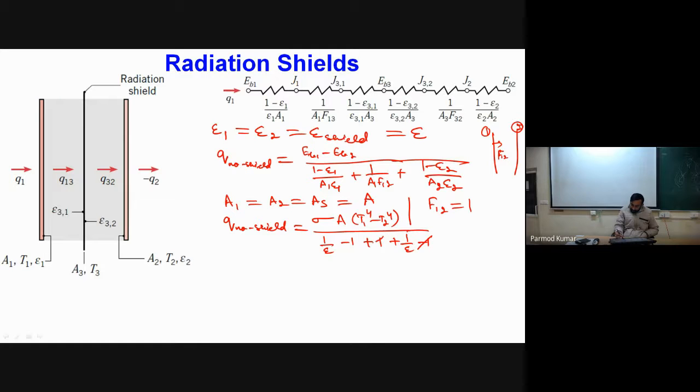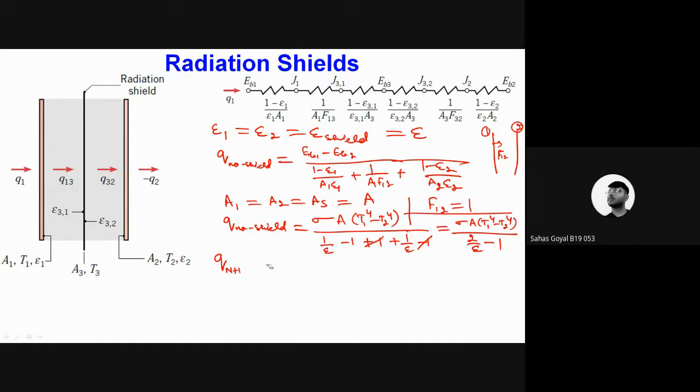So 1 and minus 1 and plus 1 will cancel, and finally I will be finding this heat transfer to be sigma A (T1 4 minus T2 4) divided by (2 by epsilon minus 1). Okay. Now let us consider that I am introducing n number of shields.